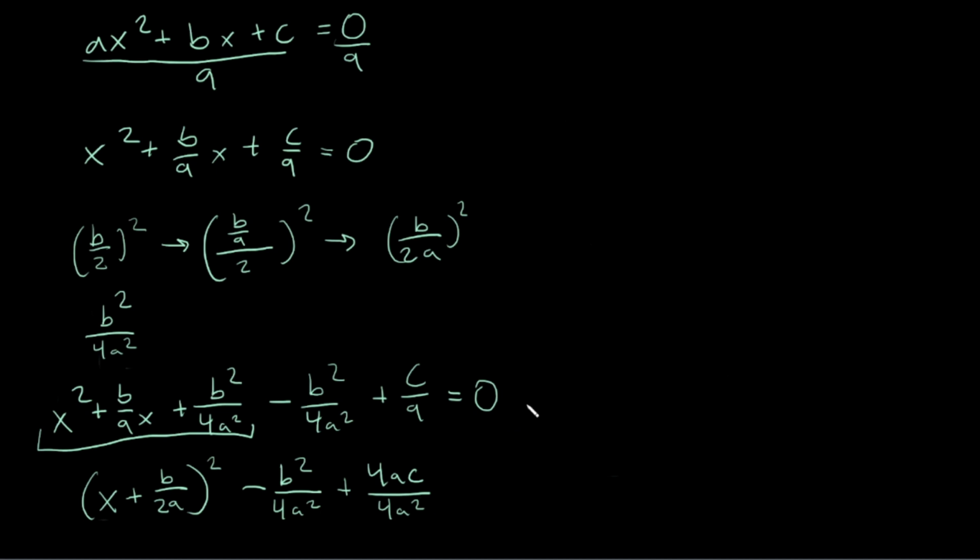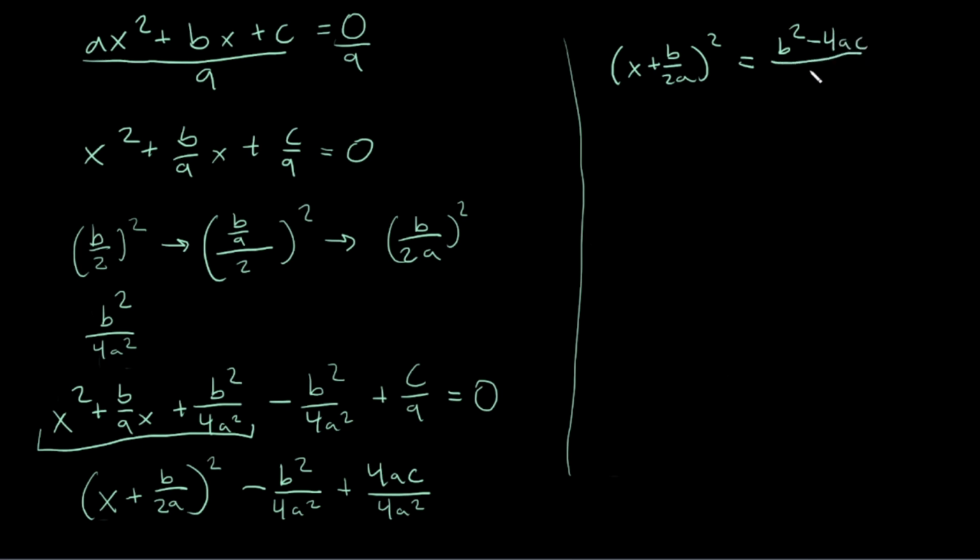Now if we move this over to the other side, we'll have x plus b over 2a squared on this side. I add b squared over 4a squared, and I subtract 4ac over 4a squared, so I'll have b squared minus 4ac over 4a squared.